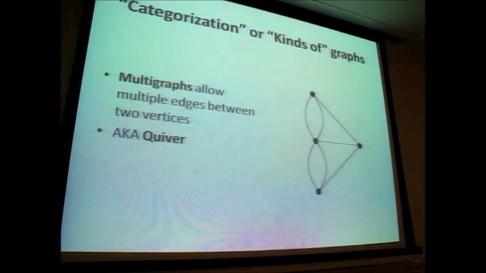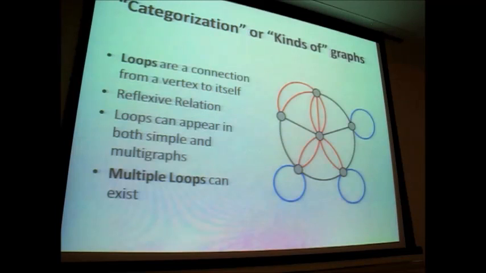The first one is called a multigraph, also known as a quiver. It's a fairly simple principle: in a multigraph, you can have multiple edges connecting two vertices. In this case, you've got two, but in theory, you could have a million or whatever. It's an important distinction because we'll look at simple graphs as well, where you're only thinking about one edge between any set of vertices.